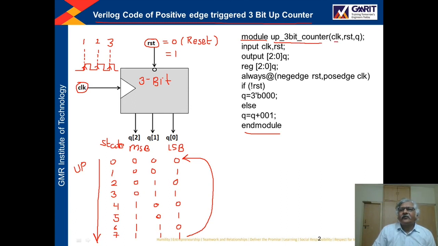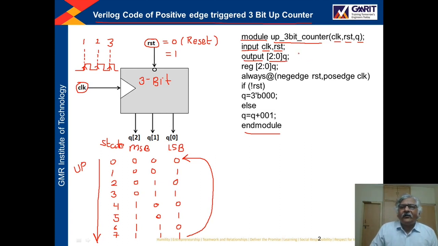It has the ports named CLK, RST and Q. Q we will declare as a vector. Input ports are declared by the keyword input, and these are CLK and RST. Output ports are declared by the keyword output, and here within brackets [2:0] Q.